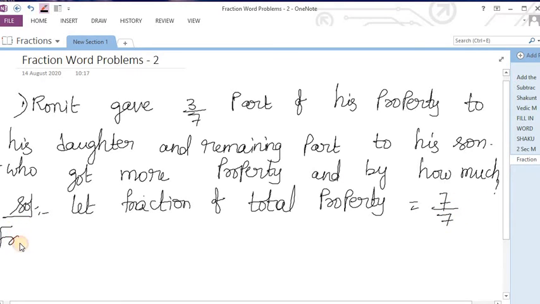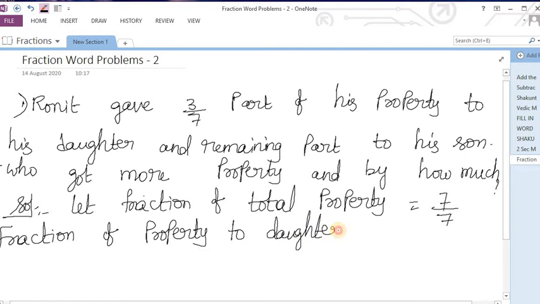Now the fraction of property he gave to his daughter is 3/7. Why did I take 7/7 only? Because the denominator in the question is 7, so that is the reason I selected 7.